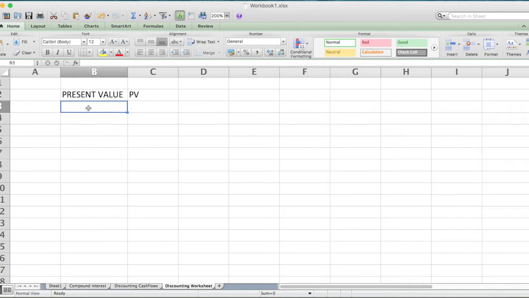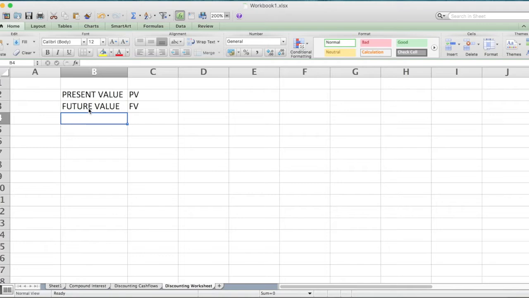The other 3 variables that we use in discounting cash flows are called future value, and usually we know what that is when we're trying to solve a discounting cash flows problem in a spreadsheet. And essentially, in simple terms, discounting cash flows allows us to know what something is worth today when we know what it's going to be worth in the future.